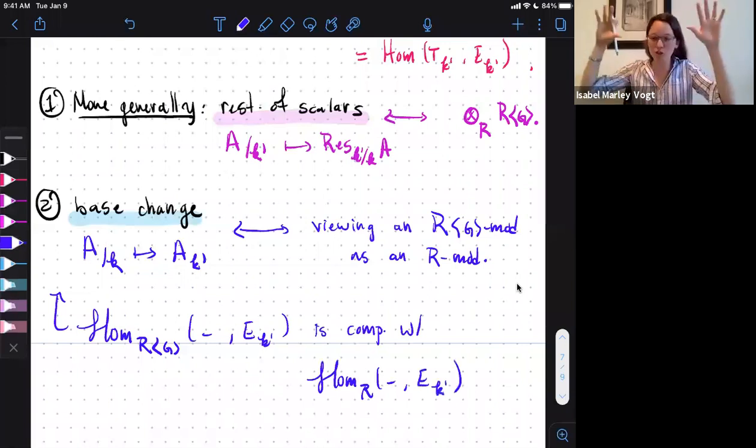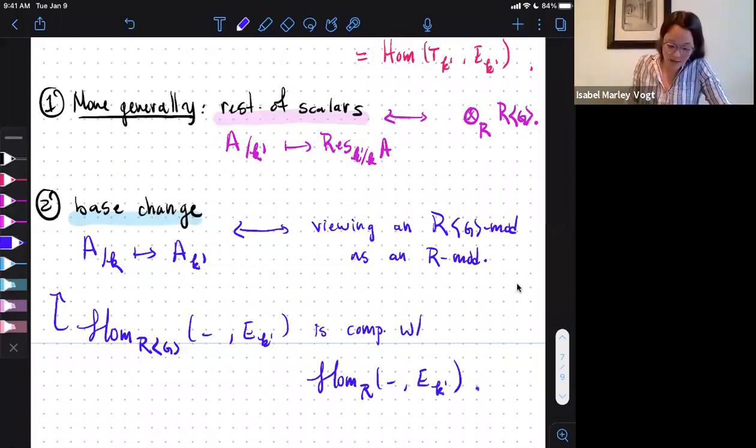When I use two forgetful functors, I forget the G action on the module side, and I base change to K' on the variety side. So it's compatible with this previous functor, which means any property that you can check under base change, for instance, are you an abelian variety or not, you can deduce from this previous work. So there's a lot of things that you get sort of for free out of this compatibility.